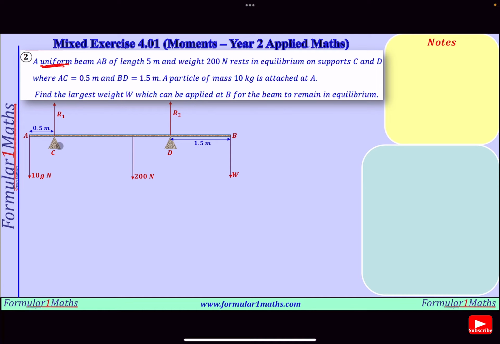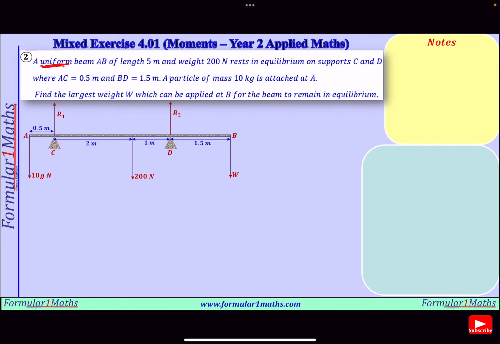That makes the distance from C to this point 2 meters. Similarly, from the center to B is 2.5 meters. But BD is 1.5. That means from this point, the center to D is 1.